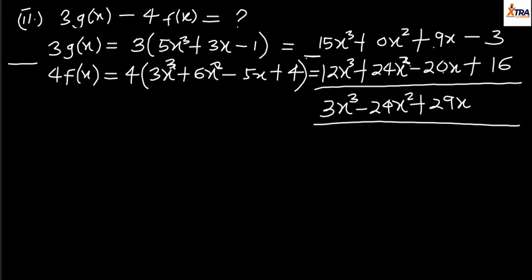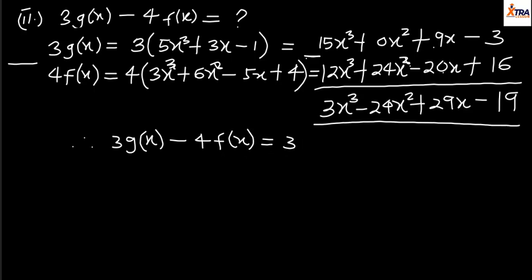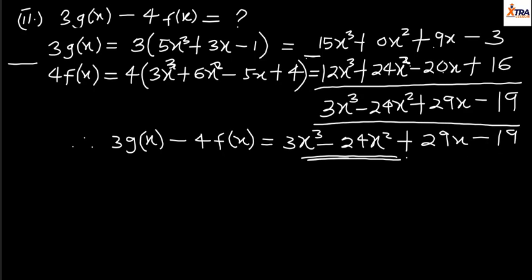Then the last one I have is minus 3 minus plus 16, so that's minus 3 minus 16, which is minus 19. So I can therefore say that 3g of x minus 4f of x will give me the polynomial 3x cubed minus 24x squared plus 29x minus 19. So that is as easy as it gets.